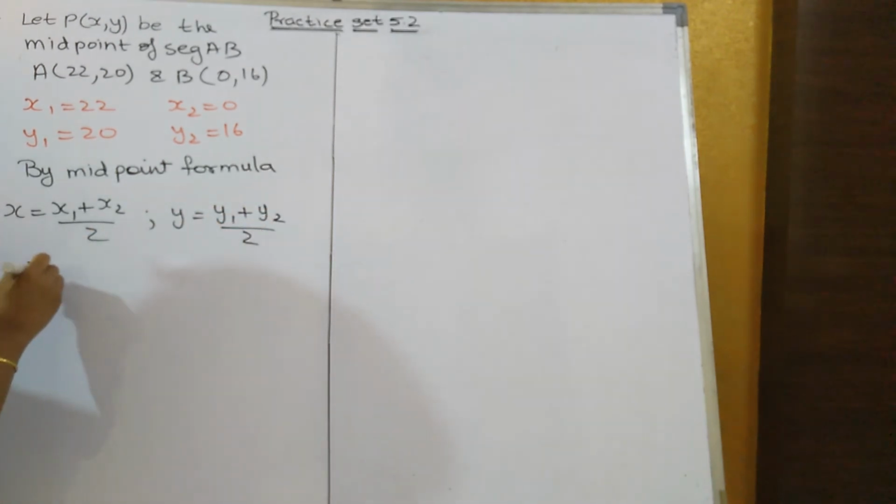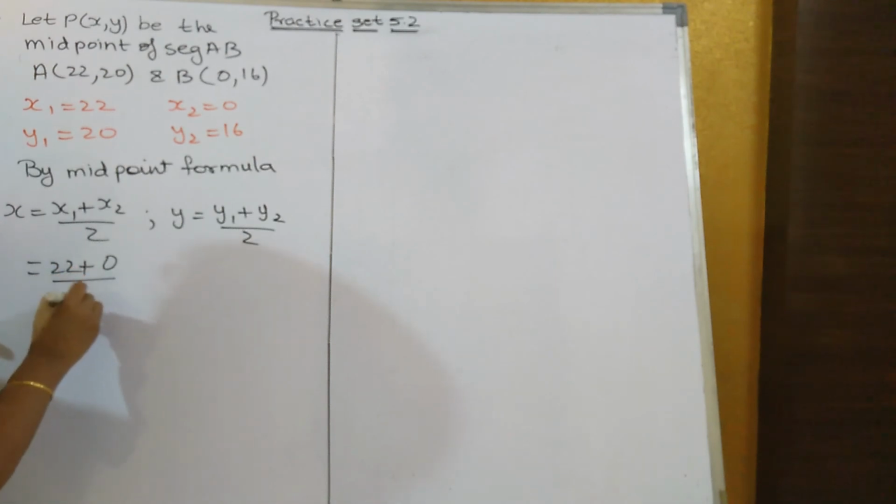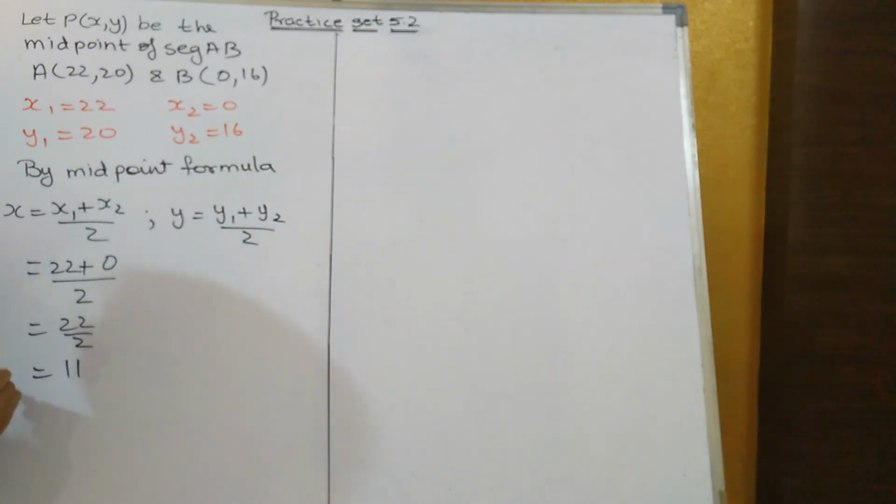So x is equal to (22 plus 0) upon 2, that's equal to 22 upon 2, that's equal to 11. So x is equal to 11 over here.